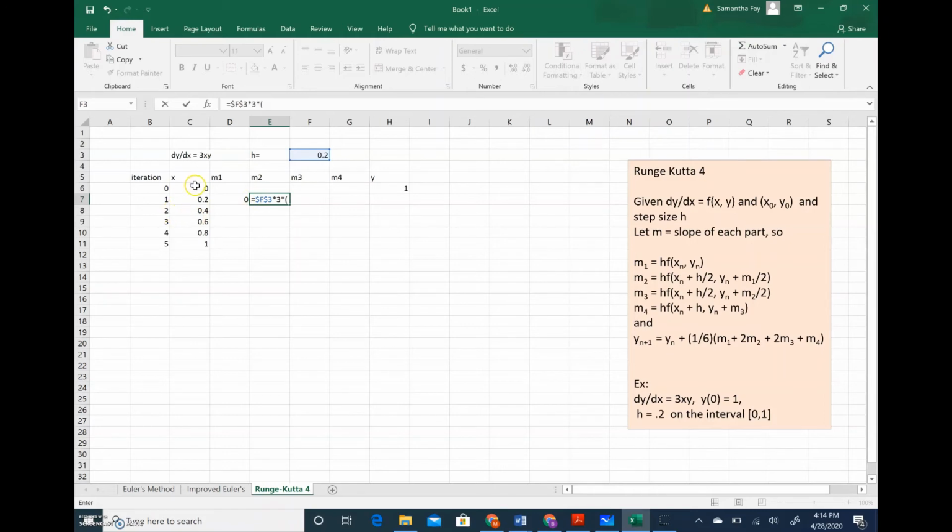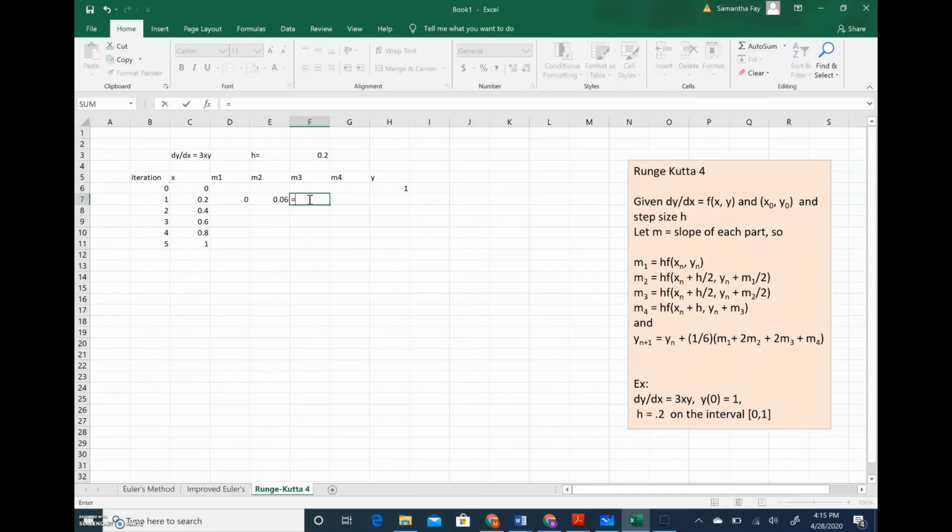It's going to be a combination of my previous x plus my step that I don't want to change, F4, divided by 2. And my y value is my previous y value plus what I found in m1 divided by 2. Close that out. And, okay. So now we get to do that again.